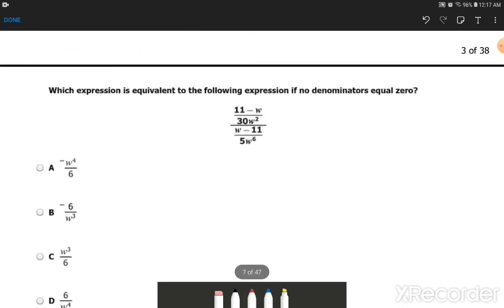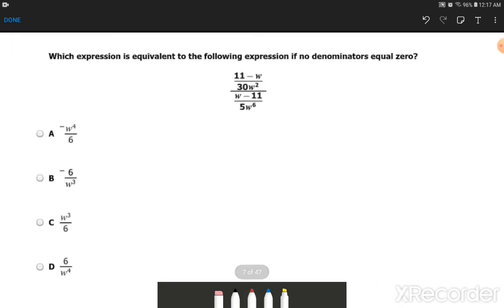So on to question 4. Which expression is equivalent to the following expression if no denominators equal 0? First we're going to take out the fractions in the fractions.